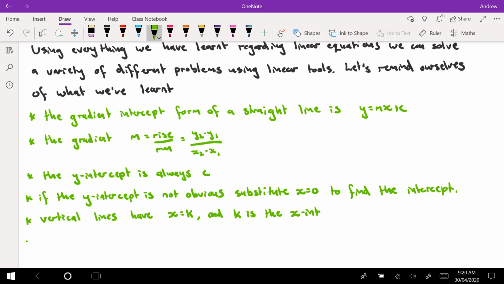And then a horizontal line has equation y equals c, and c is the y-intercept. So horizontal and vertical lines have those different elements to them, and just be aware if you cross them in problems what you're going to have to do.